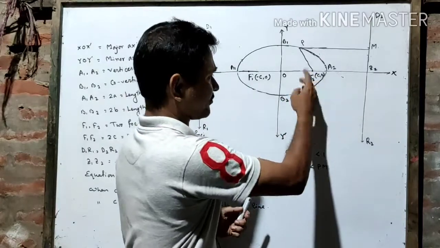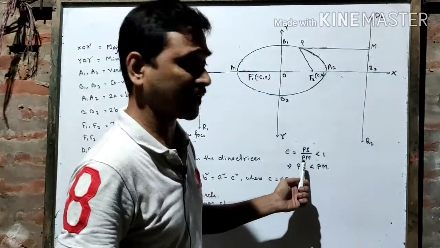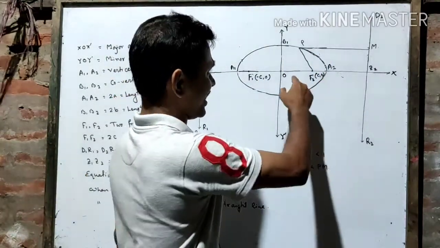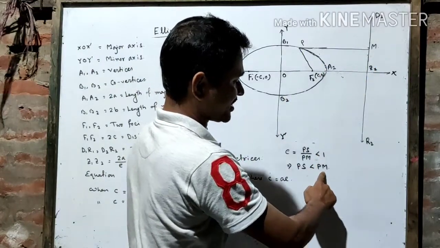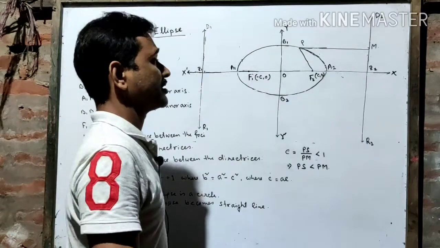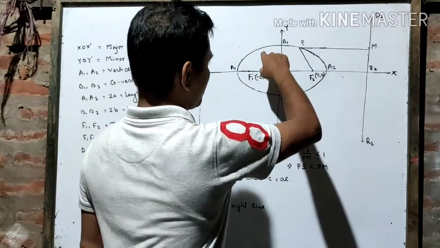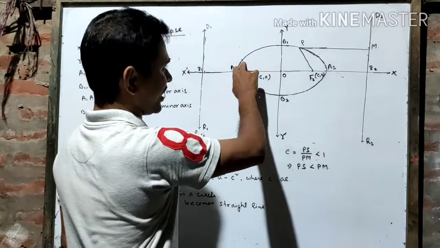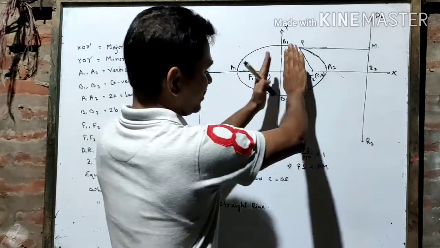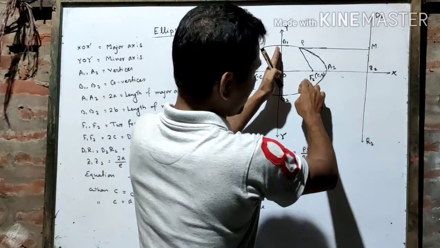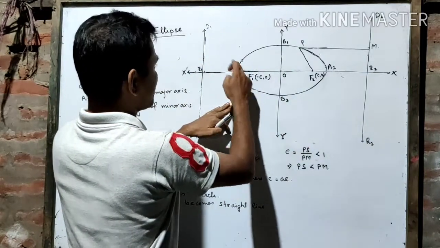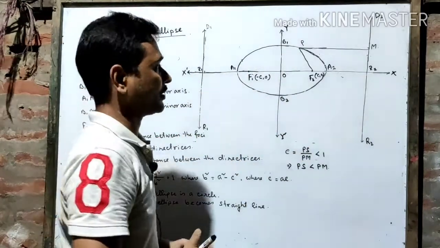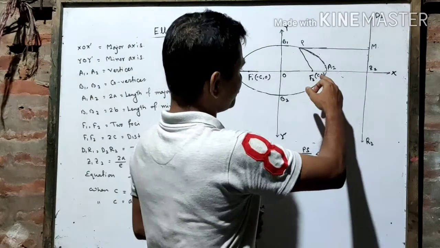If we consider F2 as S for definition, then PS by PM is less than 1, this implies PS is less than PM. Thus, for any point on the ellipse, on this part we will refer to this as focus and this as directrix.